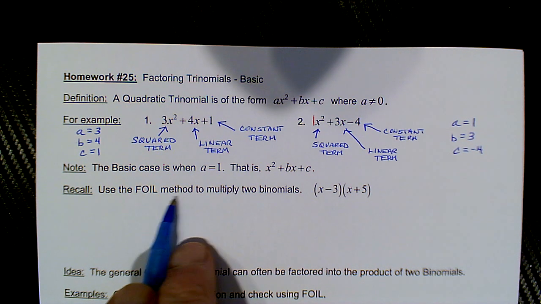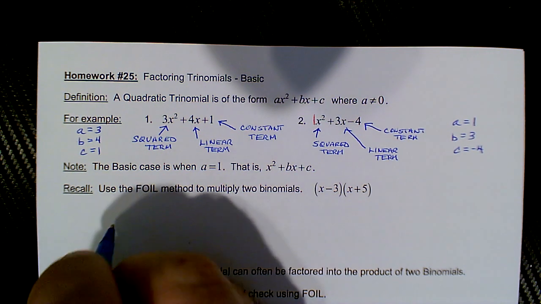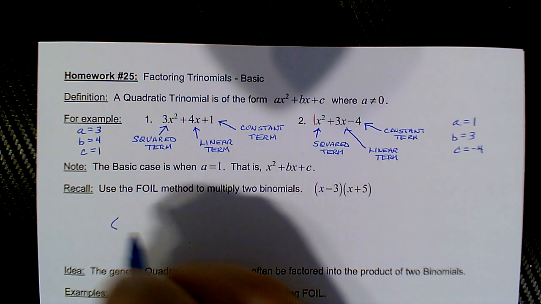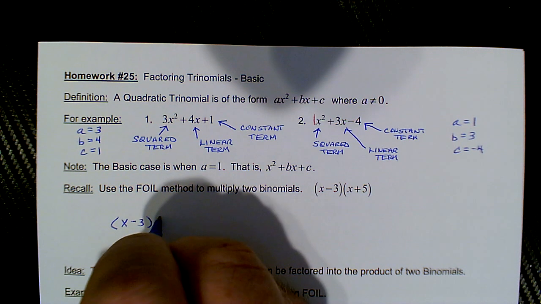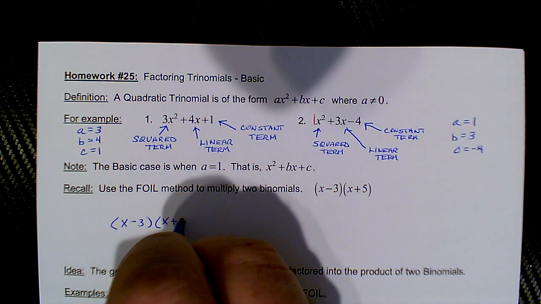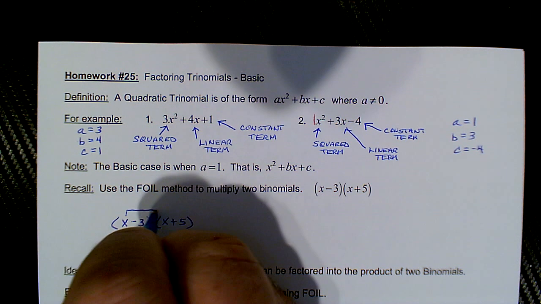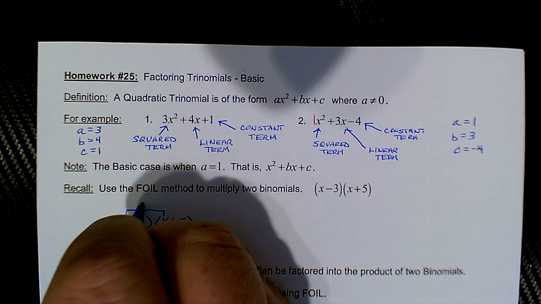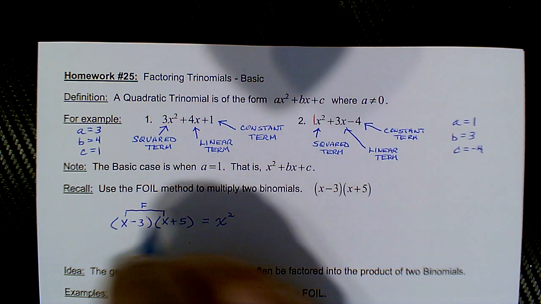So recall how we use the FOIL method to multiply two binomials. We have the product here of x minus 3, a binomial, and x plus 5, a binomial, and we use FOIL. So the product of the first, x times x, gives us x squared.